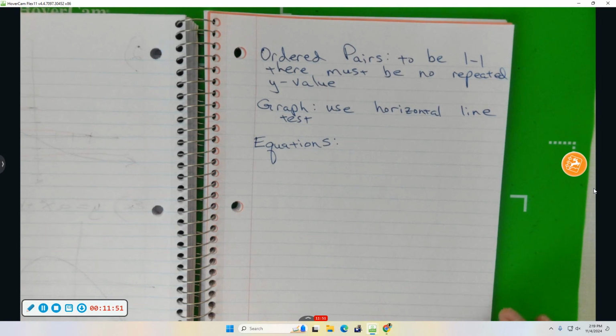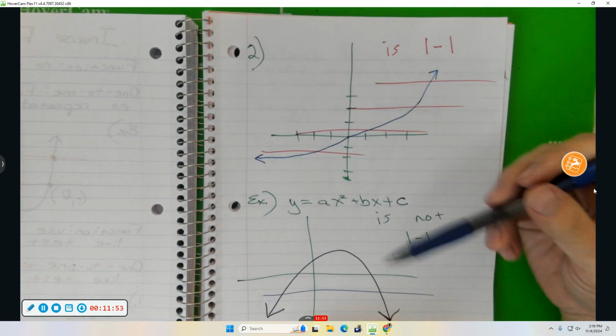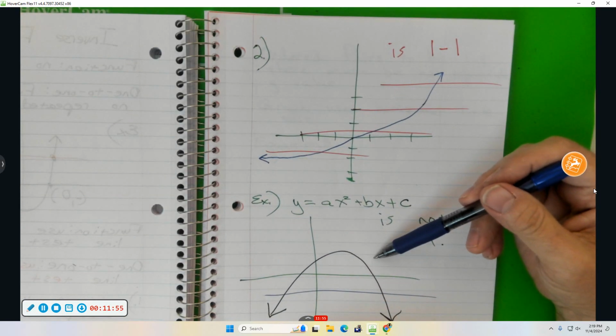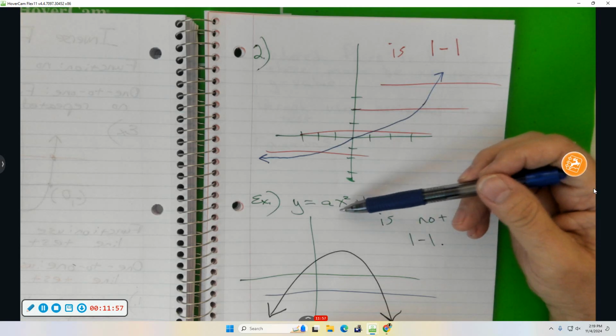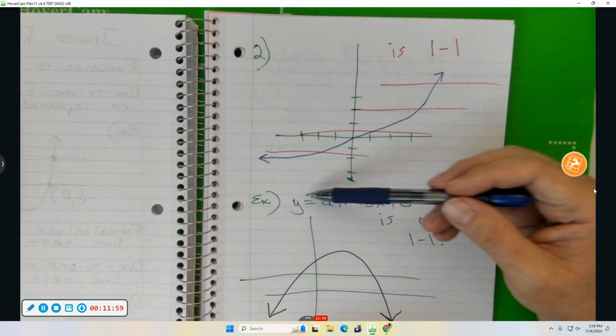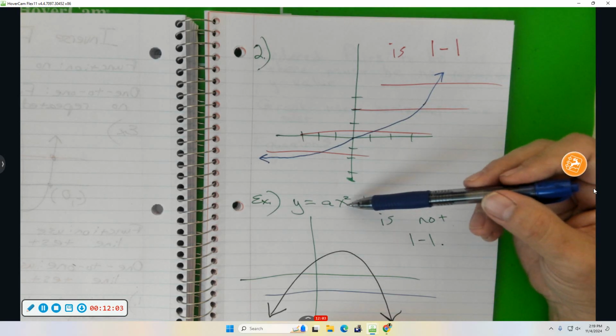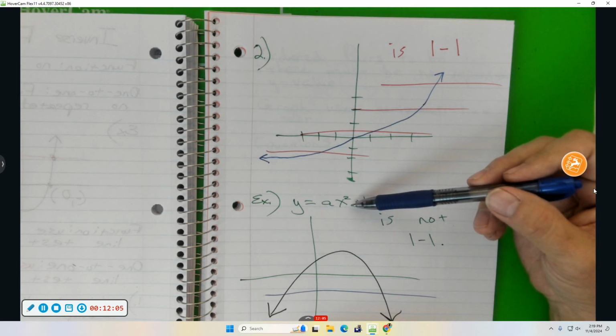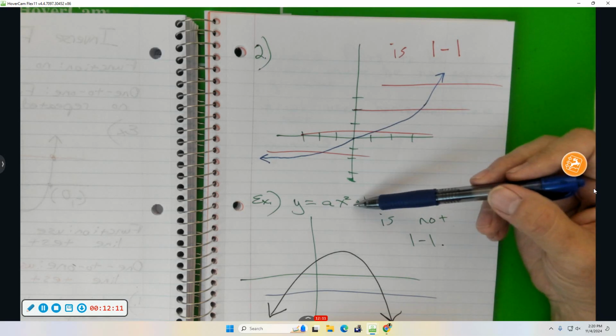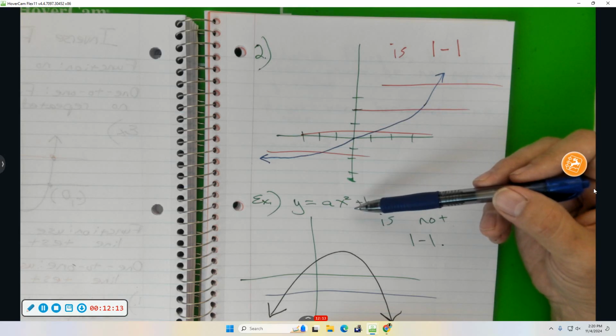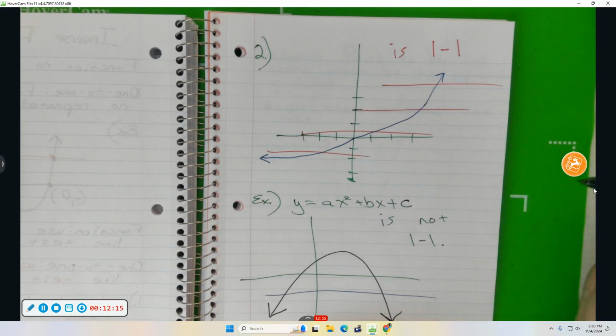Thinking about a parabola, why would you have those repeated y values? You're plugging in x values and getting the same thing for y. Well, what's causing that? Those even exponents are the problems, because even exponents take things that are negative and change them so they're positive. That's when you start picking up repeated y values.